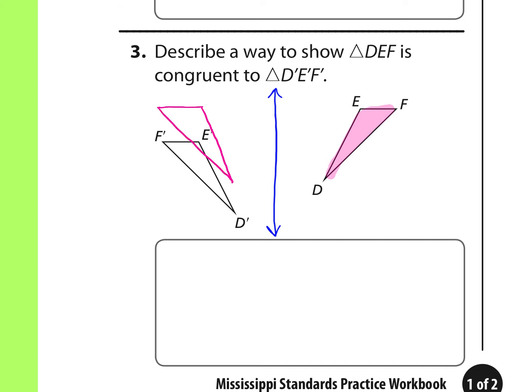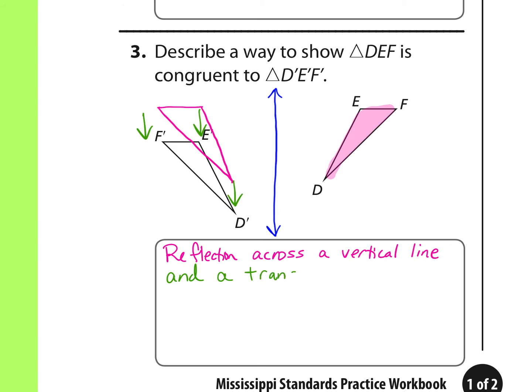So it included a reflection across a vertical line, but we're not finished. It also goes down. So every coordinate, every corner goes down, and so it is also a translation down.